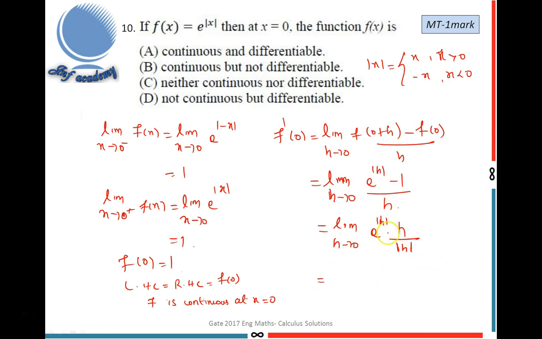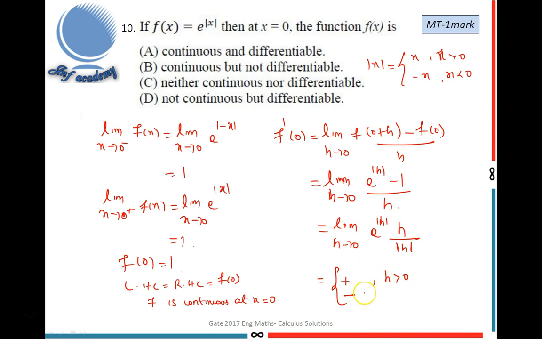So I substitute the limit, I got two cases, h less than 0 and h greater than 0, because here the modulus h function is available. For h greater than 0, I got positive values.